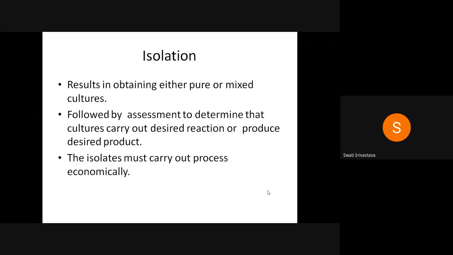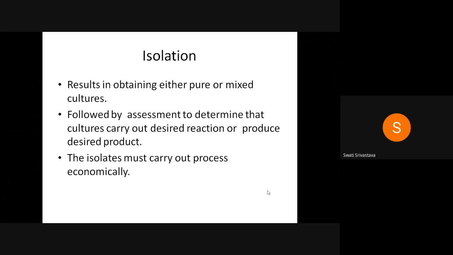Then when you isolate the cultures, what are you going to do with that? If you have isolated a species, you need to use it somewhere, you need to apply it somewhere, then only is the isolation process required, otherwise you don't need it.